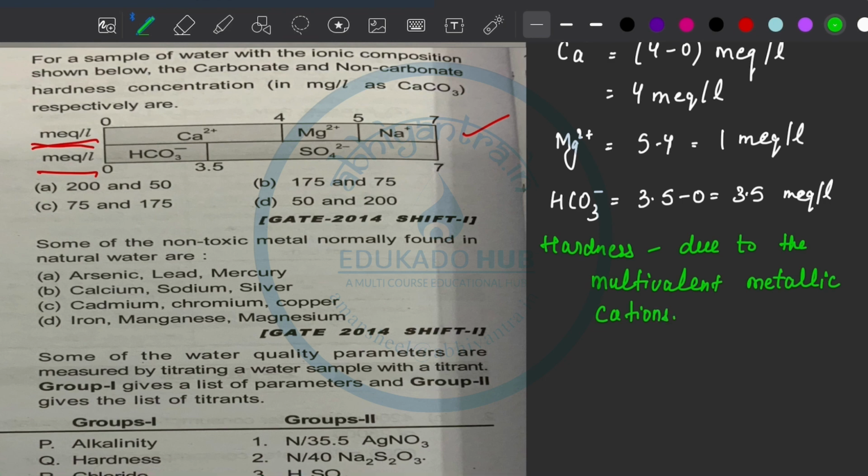Multivalent metallic cations. Okay, so sodium is a metal, but it is single valency, so it is not multivalent. The multivalent metallic cations are Ca and Mg, so they will create hardness.